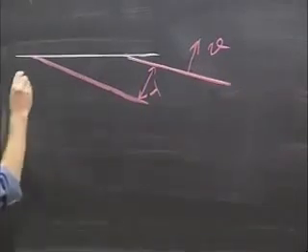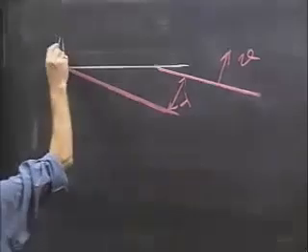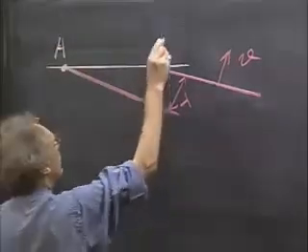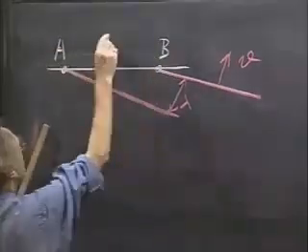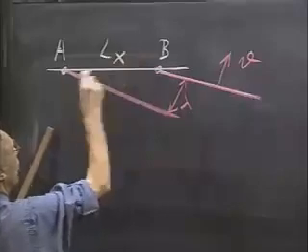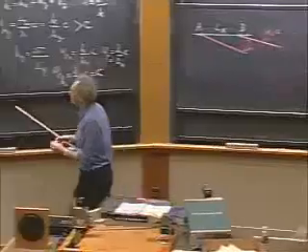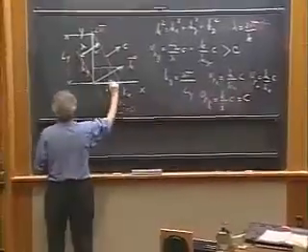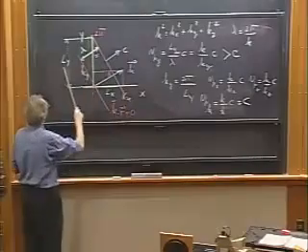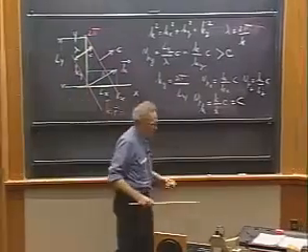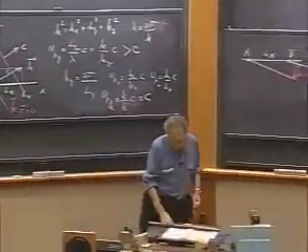But the intersection of these two waves, here at point A and here at point B, I call this distance L of x. I could have called it L of y, just as I did here. It's the intersection with this axis that I gave the symbol L of y. I called it there L of x.